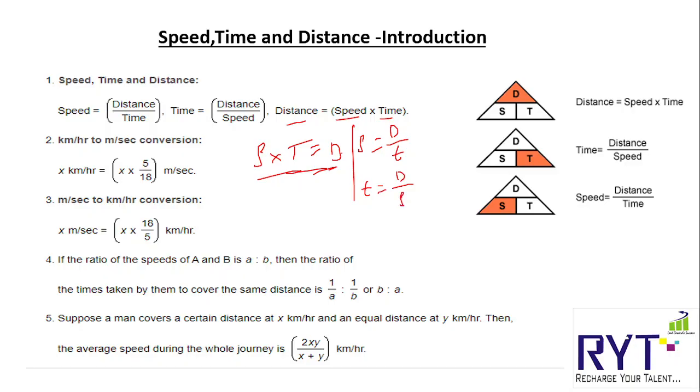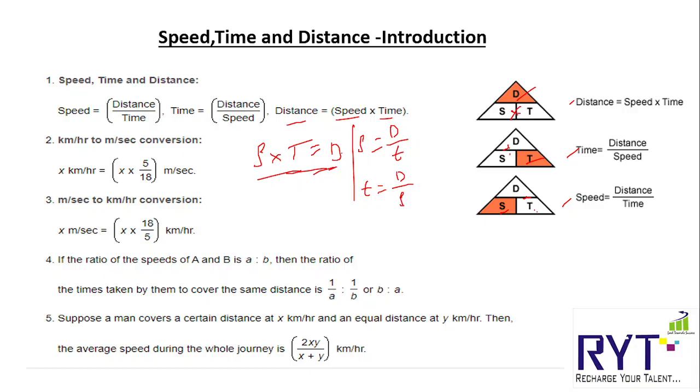This can be easily understood by this triangle. If you want distance, speed into time. If you want time, distance by speed. If you want speed, distance by time. So these are the simple formulas to calculate the speed, time and distance. So this is the first part.